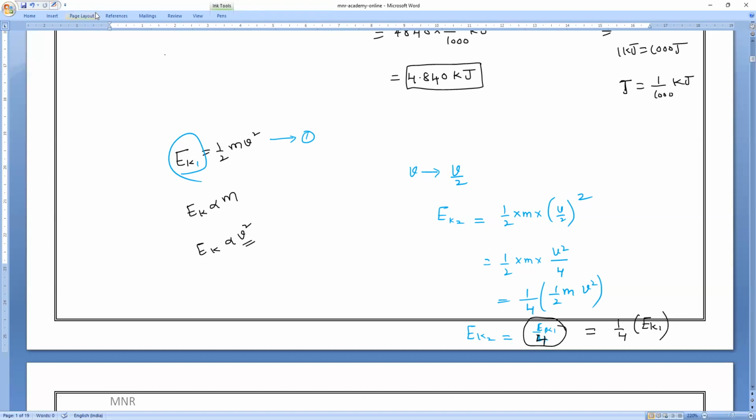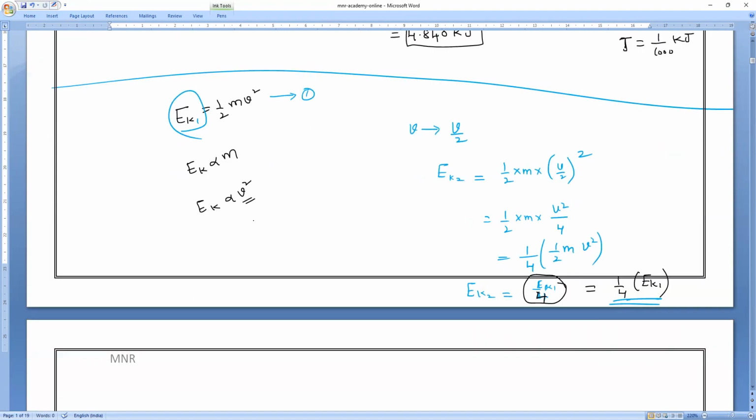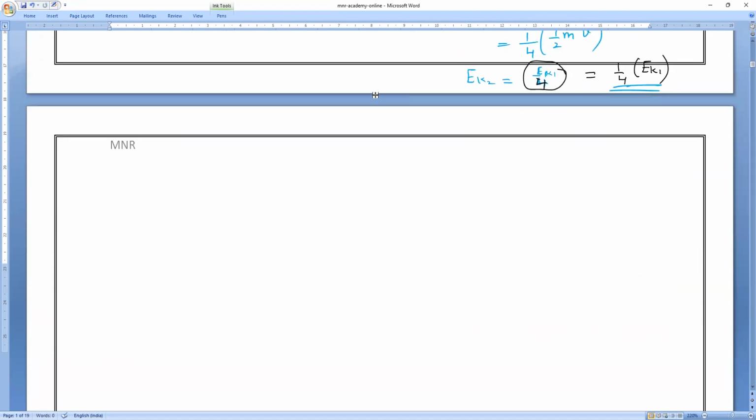But this is not your answer. Anybody can tell why, sir, this is not your answer? Question, all of you read once again. What is the question? Decreases or increases, by how much they are asking.